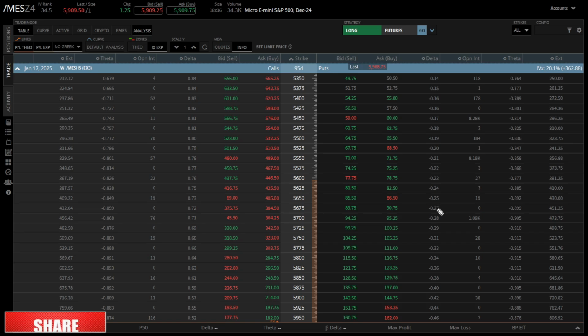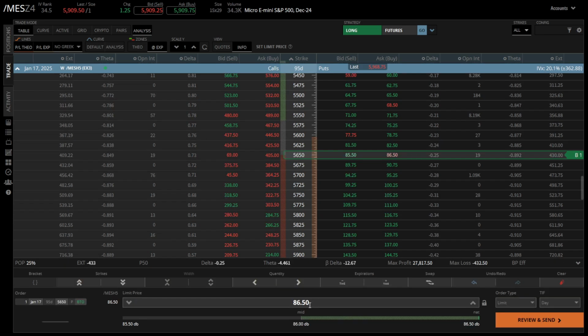It starts with a delta of 25. So we come to the delta column and we need to find the delta of 25. Basically, the 25 delta is giving us the strike price of 5,650. So we're going to buy this leg here.